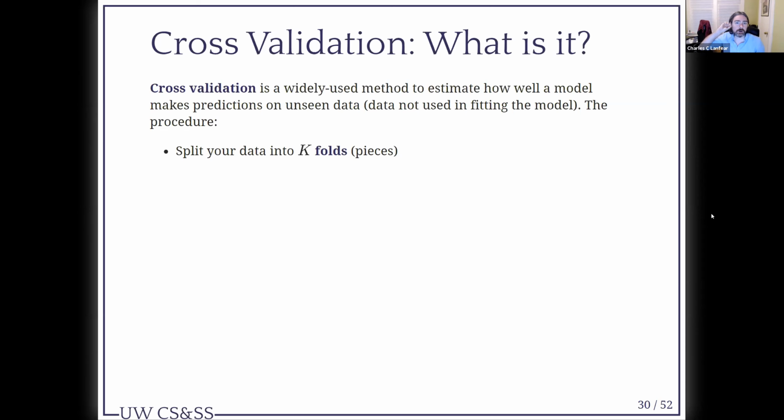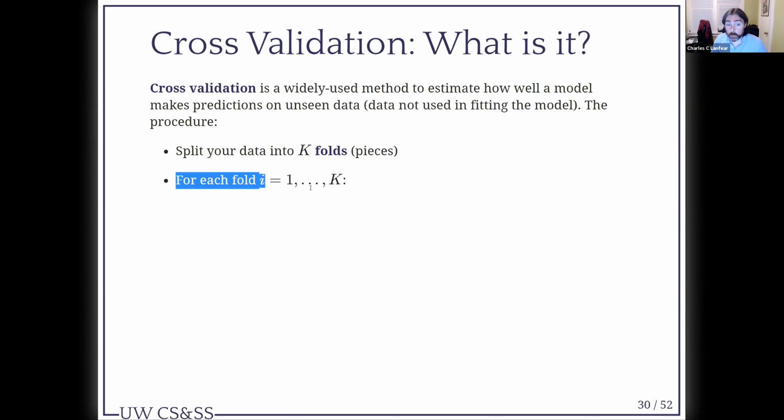Okay, so the idea behind cross-validation is this. You're going to split your data into K. K is just a number of folds, that is pieces. If you have 5-fold cross-validation, it means you took your data frame and split it into 5 different data frames. Okay?